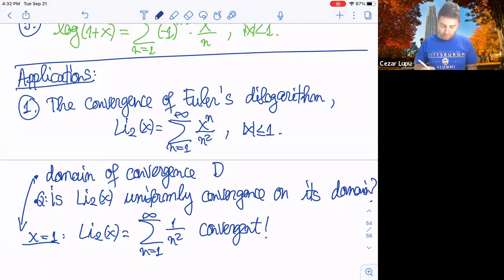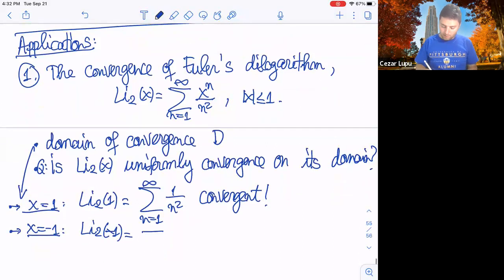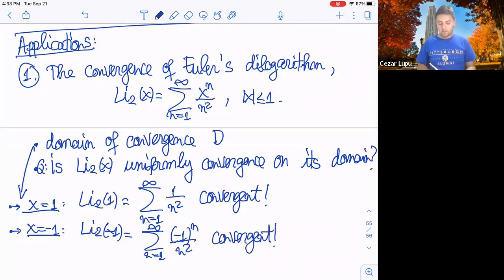And at x equals -1, oh, sorry, yes, this is 1 here. We have this series, which again converges by the Leibniz criterion. Great, so I eliminated the endpoints. So let's see what happens between them.